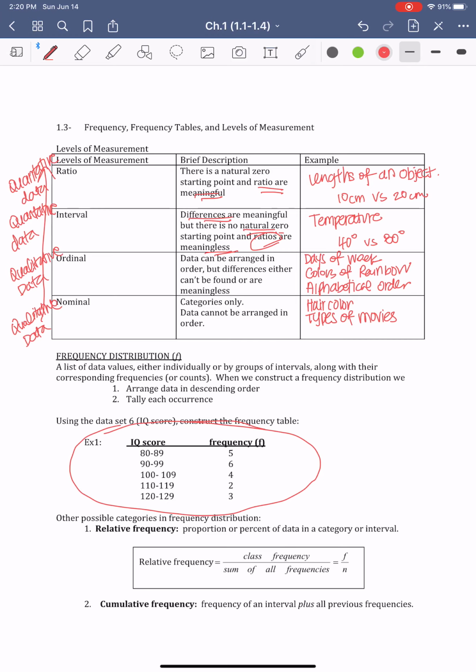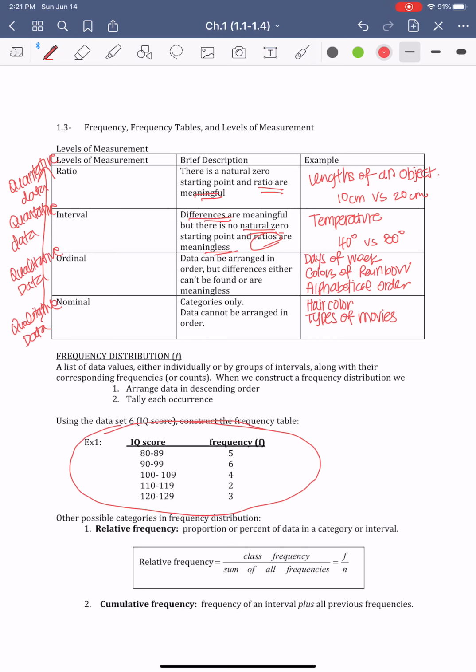Here's an example of a frequency distribution table. Here is IQ score and then frequency. For IQ score between 80 and 89, there are 5 data values. Now, we don't know those 5 data values specifically. They could be like 81, 81, 82, 87, 89, right?